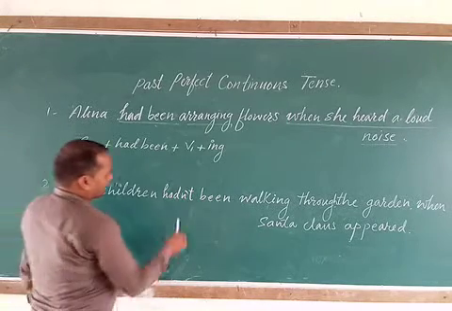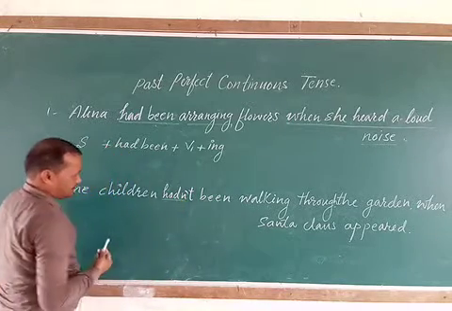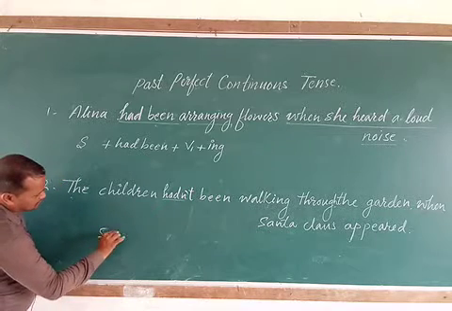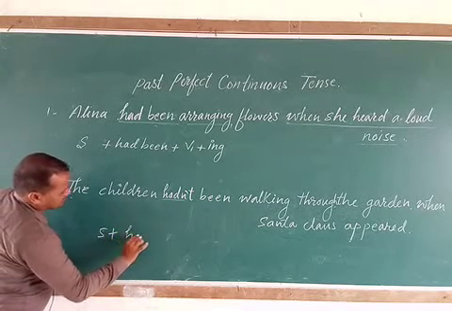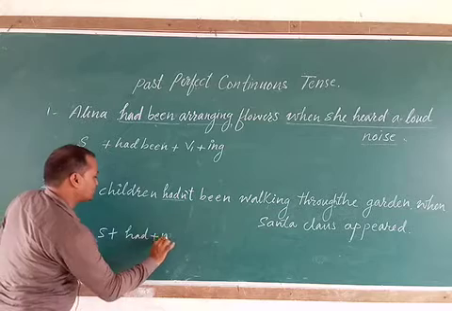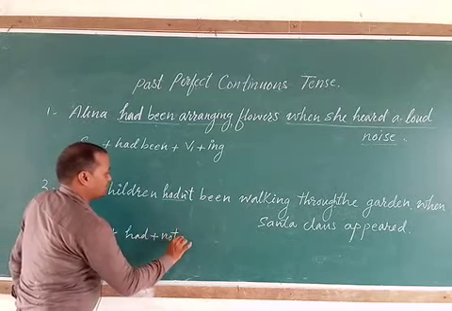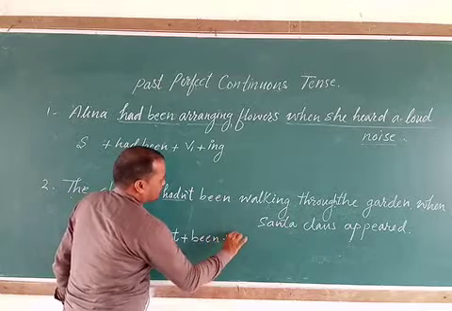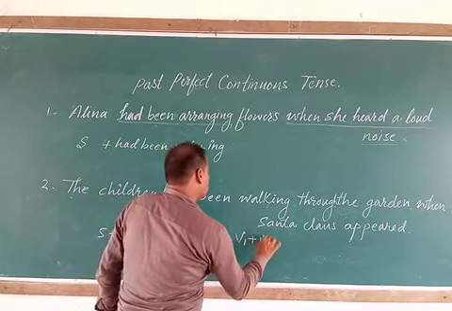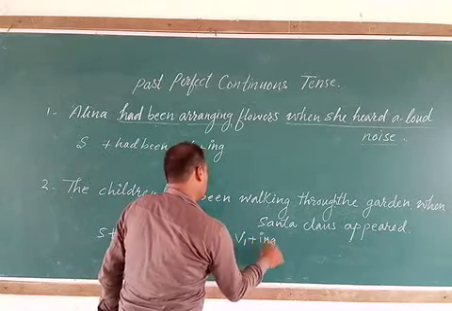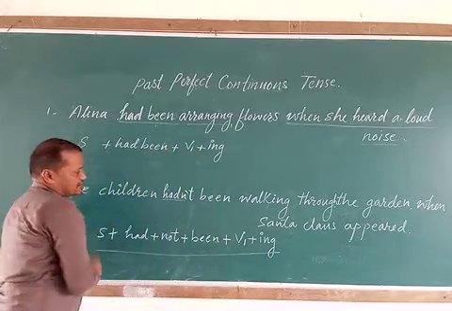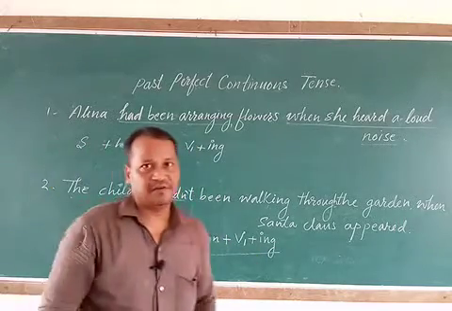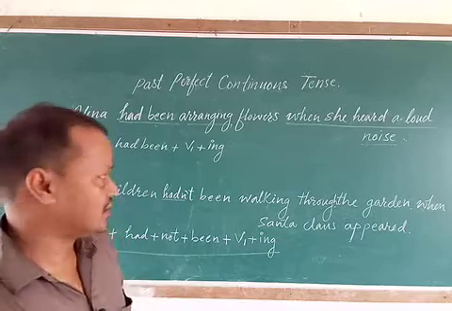So here the structure would be subject plus had plus not plus been plus verb first form plus ing. This is the structure of a negative sentence in this tense.